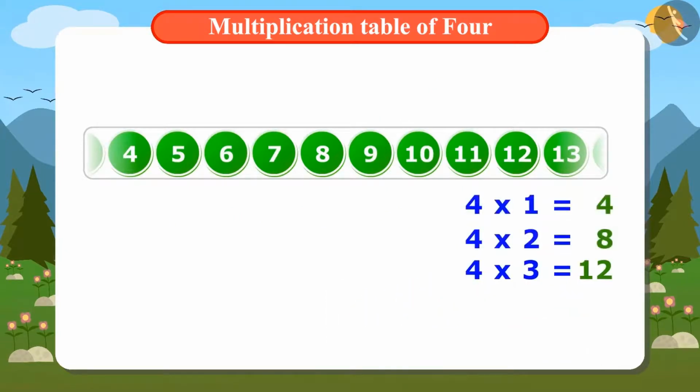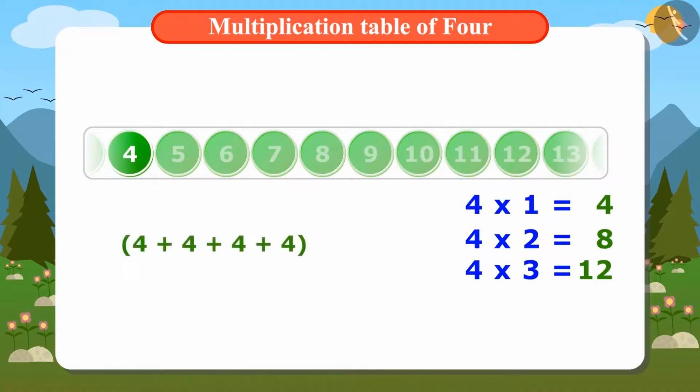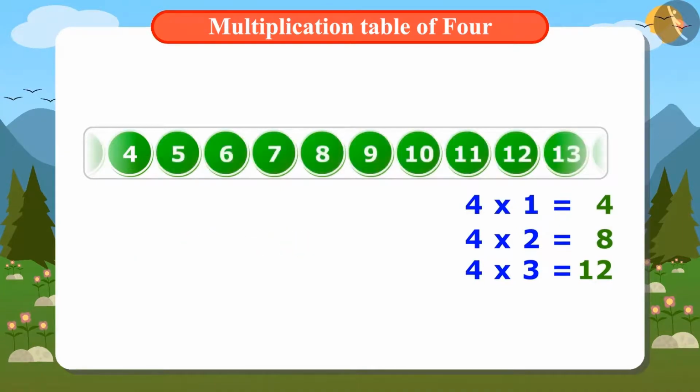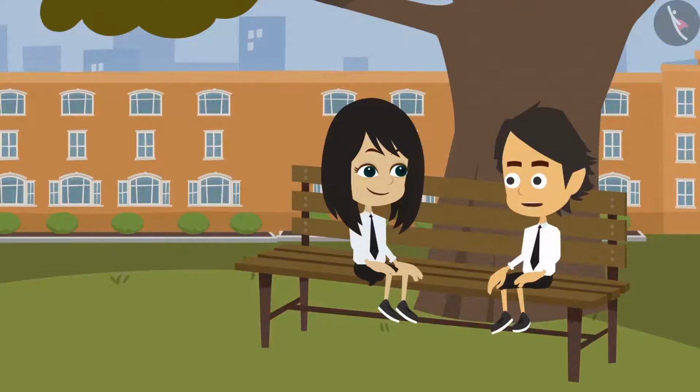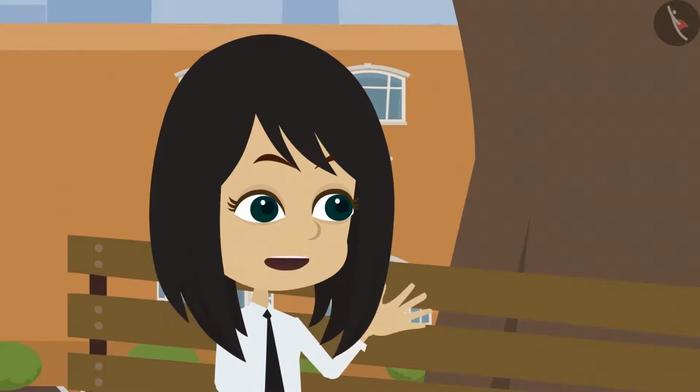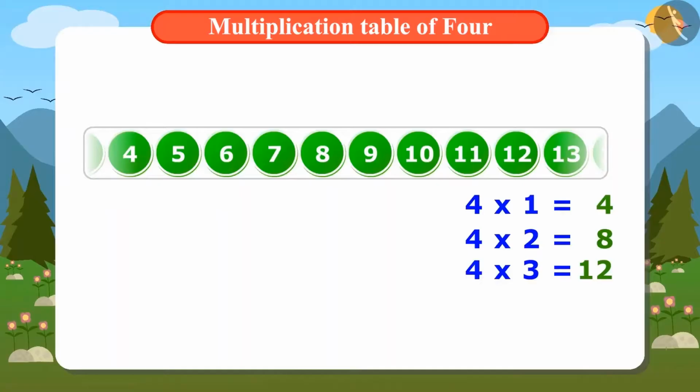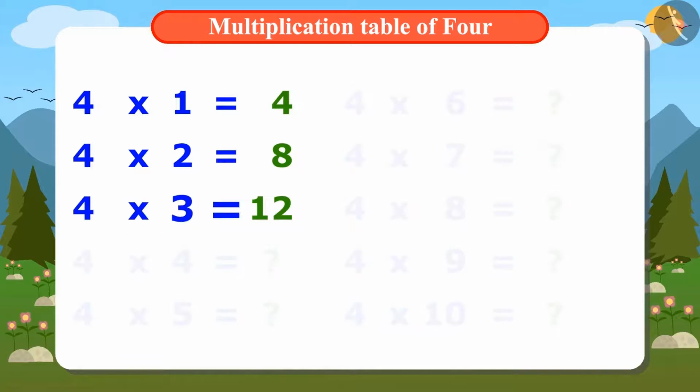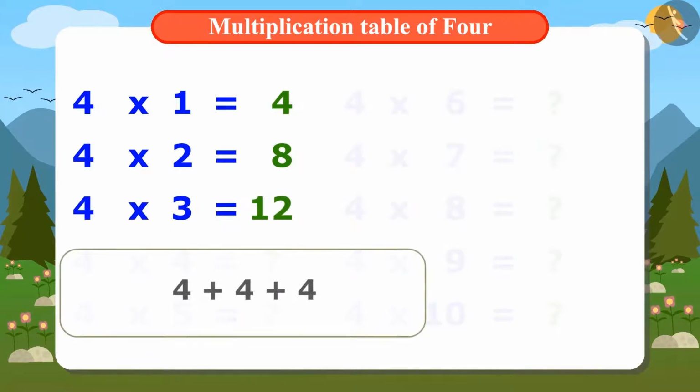Now to find out the next number, we will add 4 4 times. Wait Neha, I don't think we need to add 4 times. Then how do we find out what 4 times 4 is? Look, to find out 4 times 3, we have added 4 3 times, whose answer is 12.